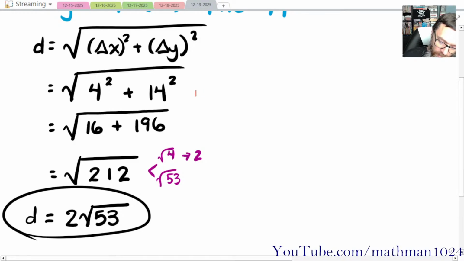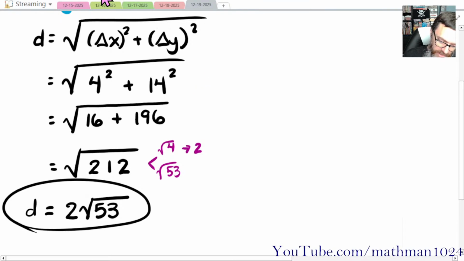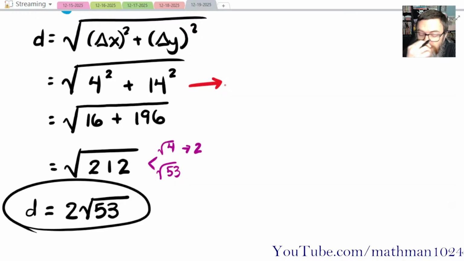I want to look at this guy right here. So inside the square root, I have 4 squared and 14 squared. Now, before I actually square those, I want us to look at this. Is there a common factor between 4 and 14? The answer is 2, right?